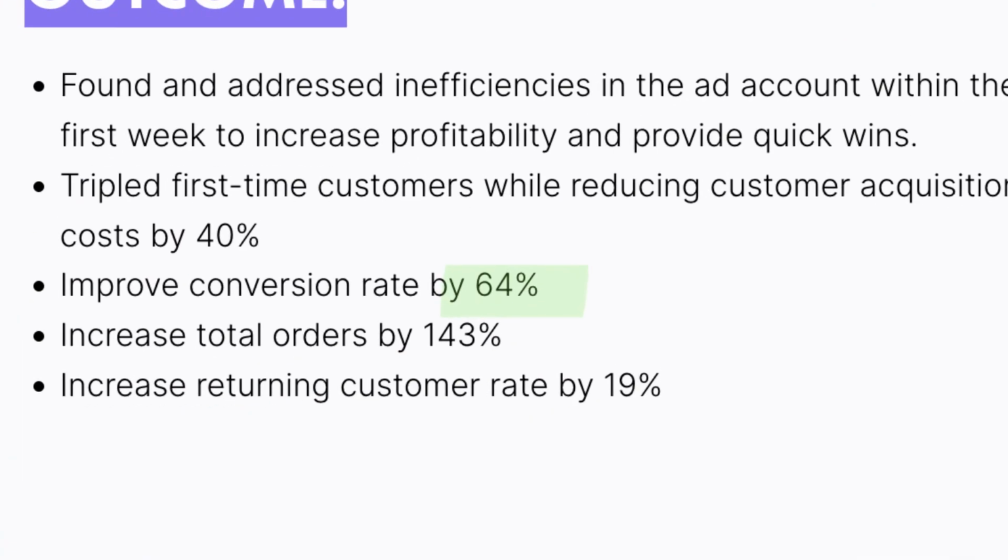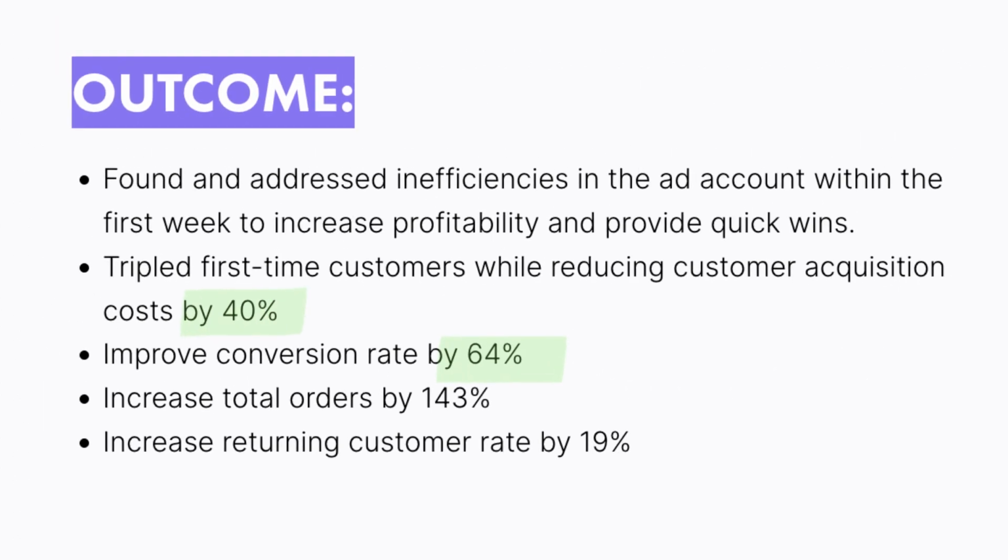So we changed the verbiage, we put a video on the landing page, and that was all in line with the best performing ads that we started testing for them. So we found winners, then we took that messaging and put it on the landing page. We saw a 64% increase in conversion rate at the time and a 40% decrease in cost of acquisition.